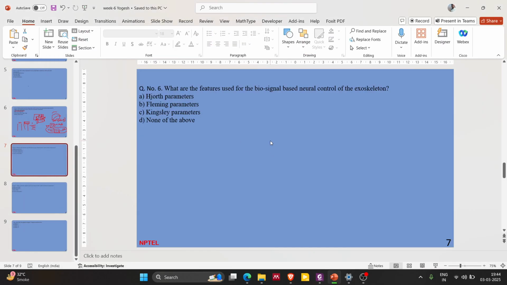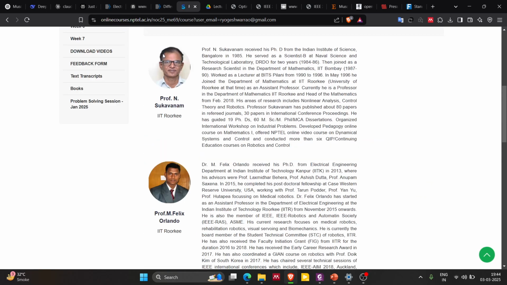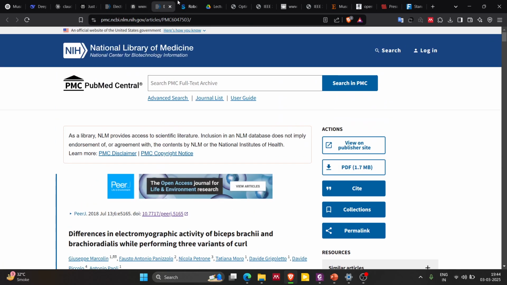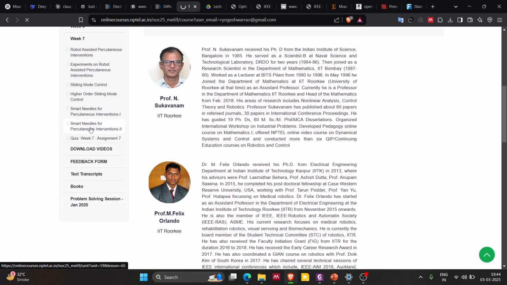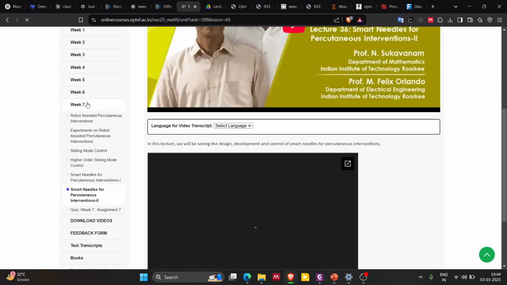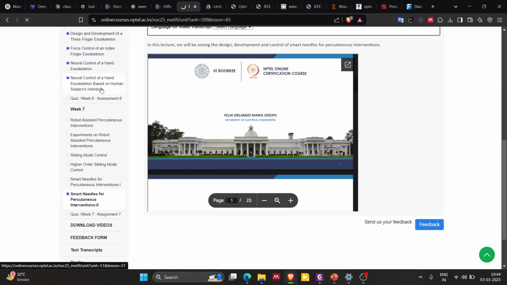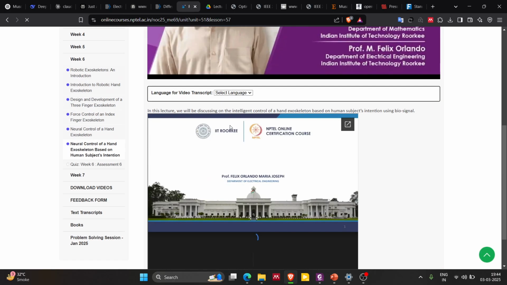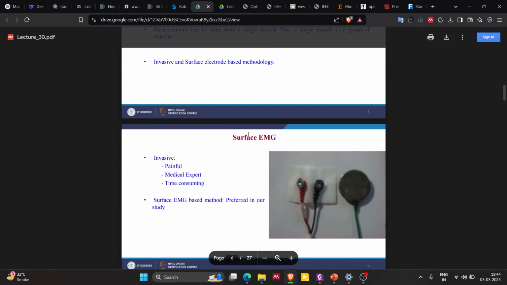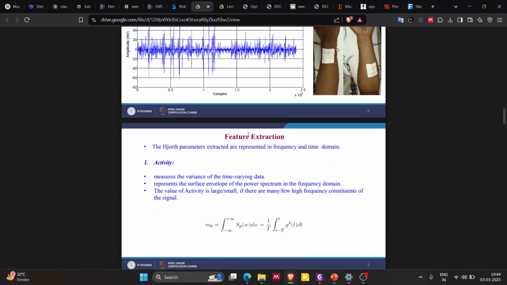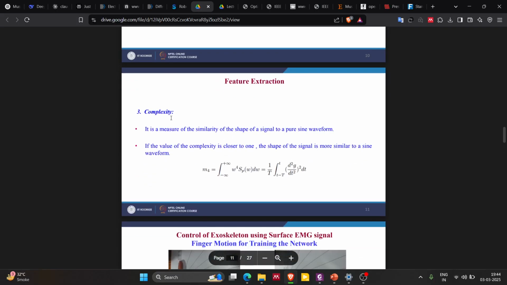I think it's week 30. If you go through those slides, you will see these are the parameters: the activity parameter, mobility parameter, and complexity parameter.